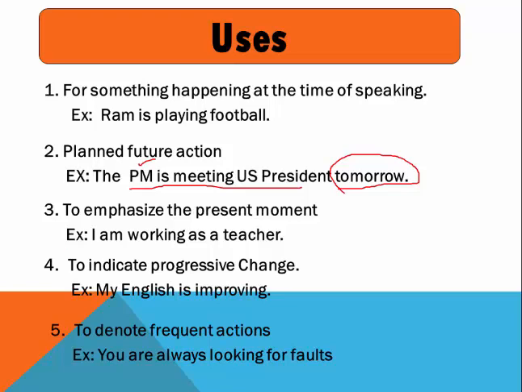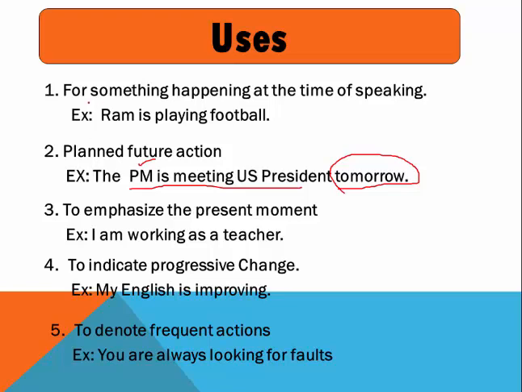So this is a frequent action. You are always complaining against me. You are always behaving rudely. It's not that he's behaving rudely only at this moment, but it generally happens every time or every now and then. So these are the uses of the present continuous tense.